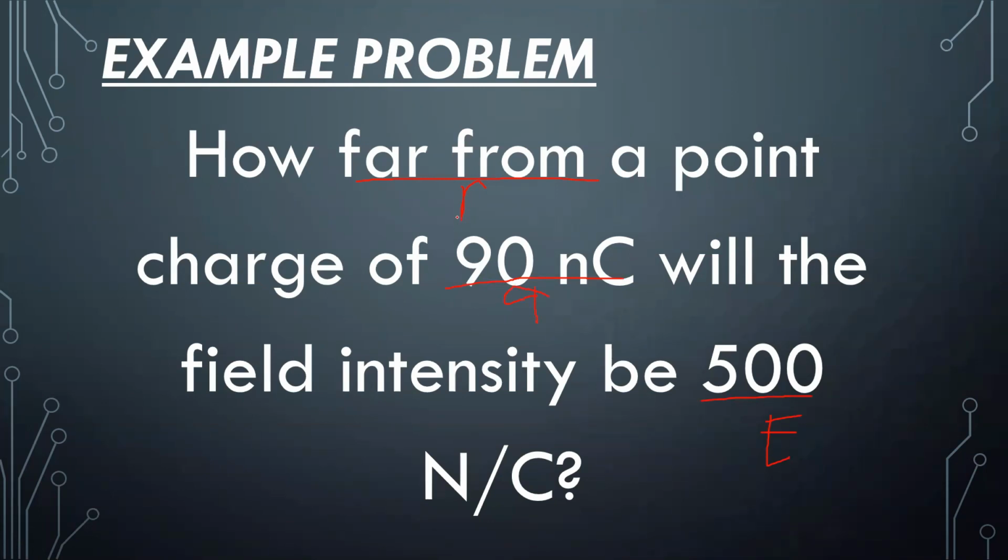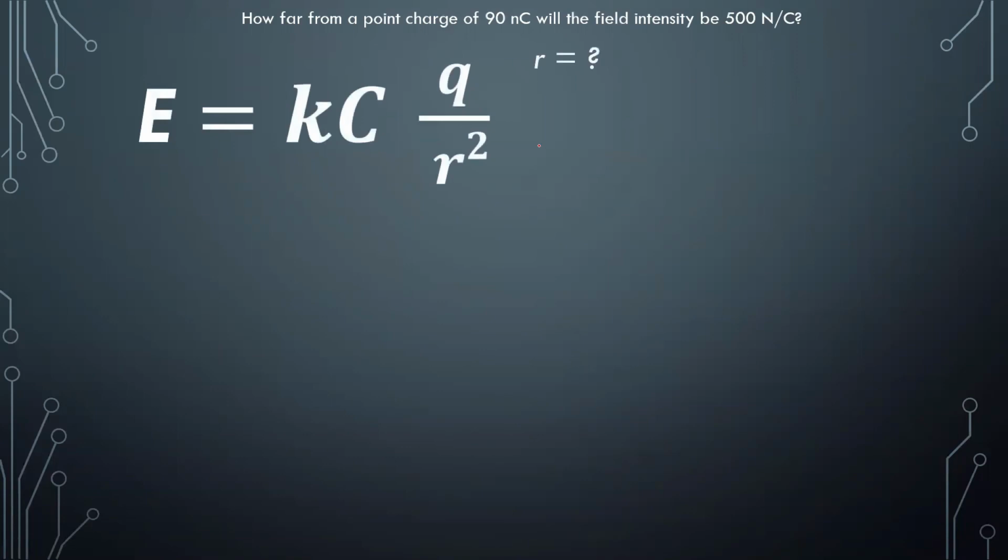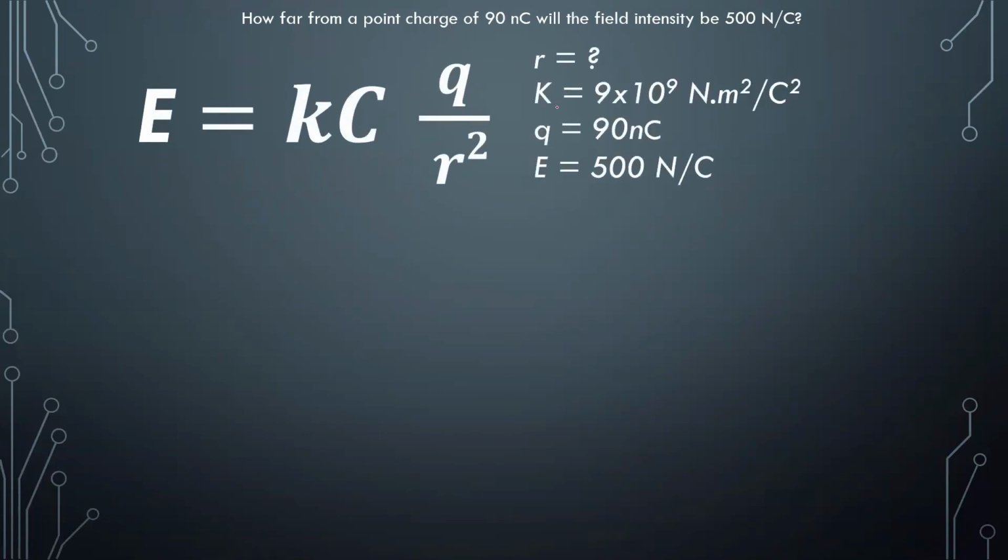Since we are looking for the value of R, we will use the equation E is equal to k sub C times Q over R squared. R is what we are looking for, so k is 9 times 10 to the power of 9, Q is 90 nanocoulomb and E is 500 Newton per coulomb. Nano is 10 to the power of negative 9, so let's convert 90 to 90 times 10 to the power of negative 9 coulomb.